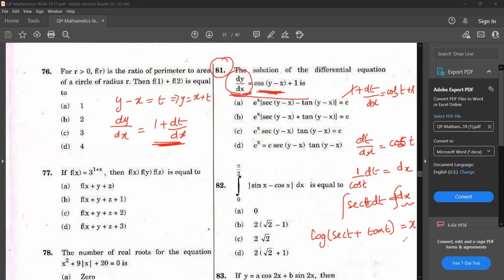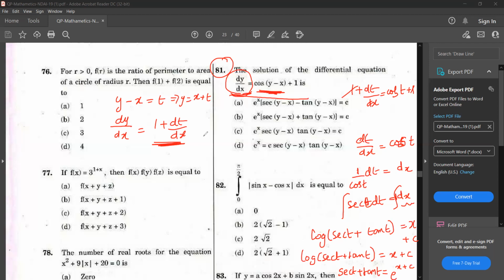That is x plus some constant c. So log(sec t plus tan t) is equal to x plus c is what we are getting. So I can write sec t plus tan t as e raised to x plus c, isn't it?